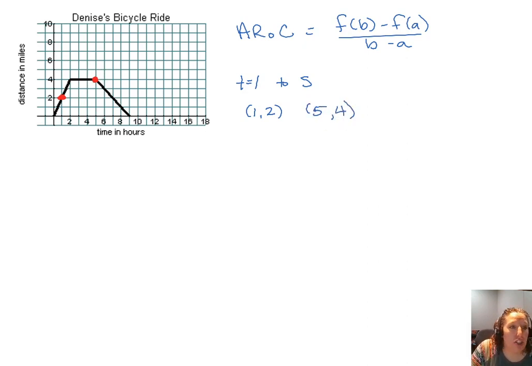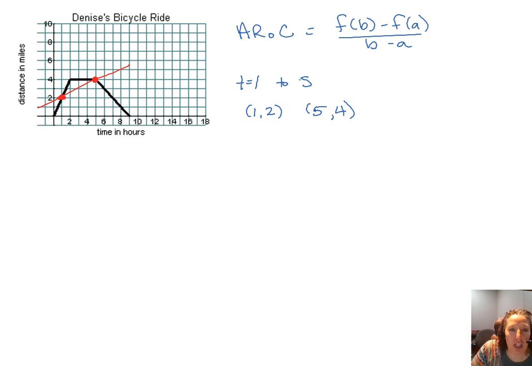From here, it's just finding the slope of the line that goes through those 2 points. It doesn't matter which one we call A and which one we call B, as long as we plug in the pairs together, either from the same pair first or from the other pair first.